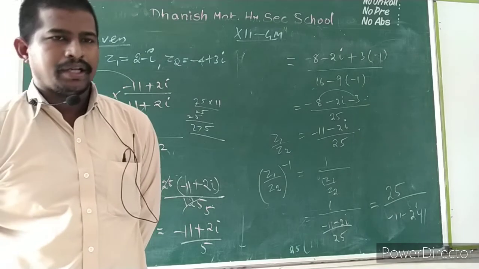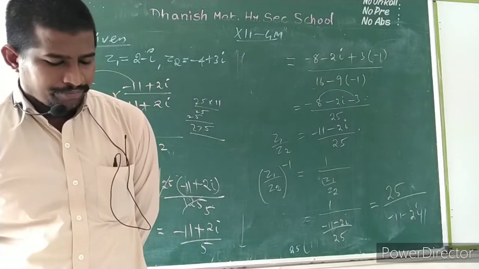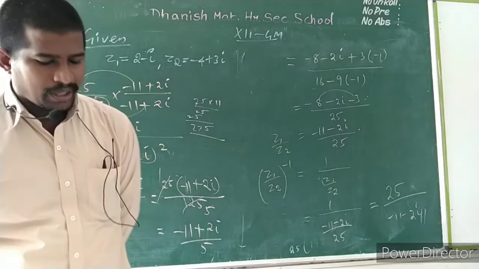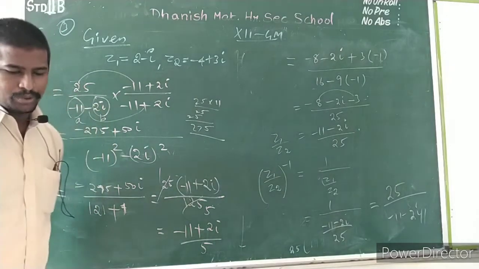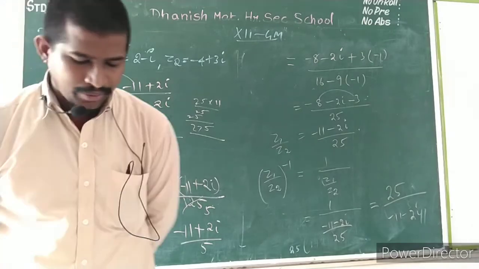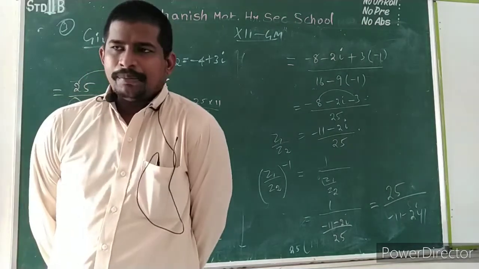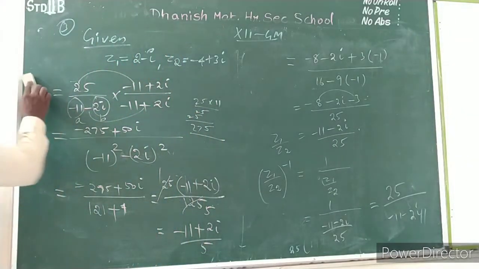For that, there is one result, one relation, that is 1 by u equal to 1 by v plus 1 by w. I am going to use the result in order to find u.